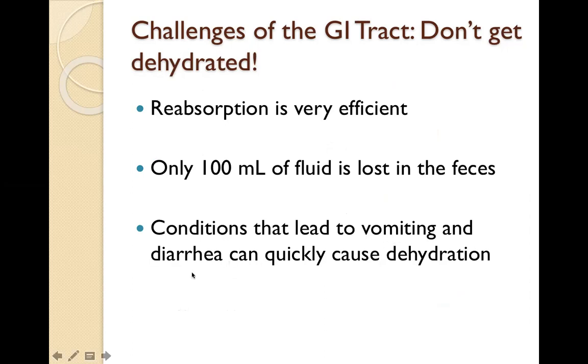Or if we're unable to reabsorb all that fluid that has been secreted, or absorb the fluid that has been ingested, from a diarrheal process, we can get very quickly dehydrated from that as well. So we have to have a way to make sure that we don't get dehydrated.